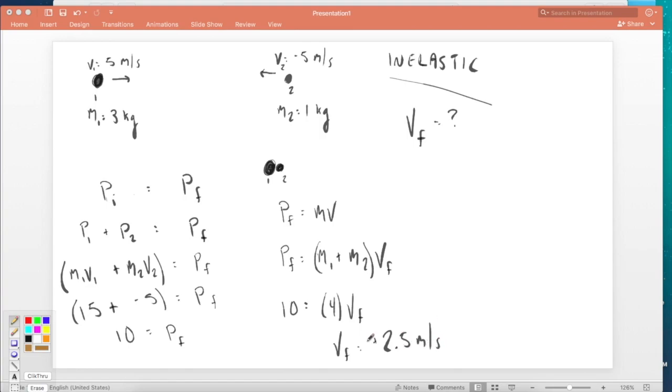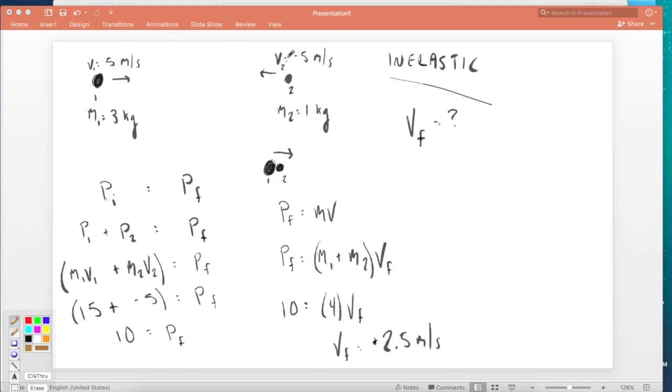Okay, so what does that mean? That means that after these two objects collide and stick together, this one object is going to keep on trucking to the right with a velocity of 2.5 meters per second. Does that make sense? It actually does make pretty good sense, because the more massive object was carrying more motion with it because it's bigger, and so it's going to have a greater effect.